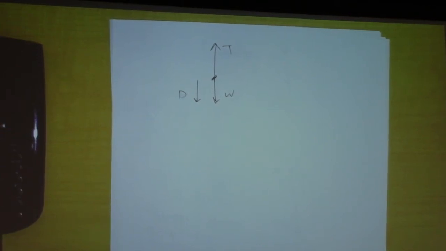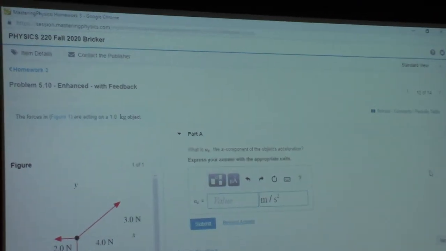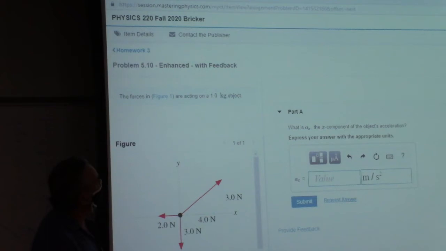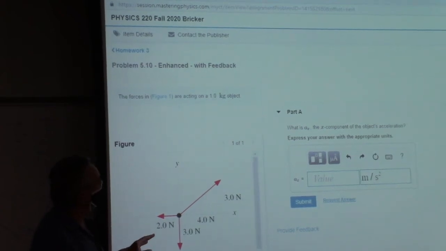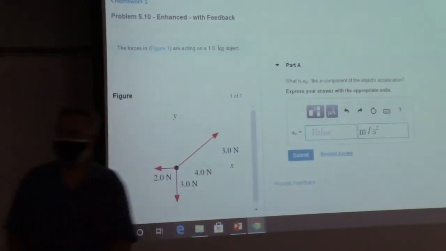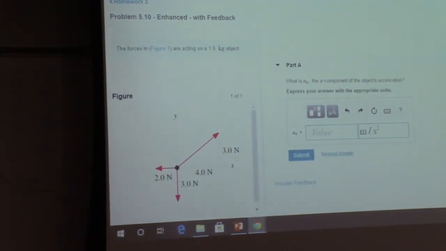Okay, so this is the one where we have a dynamics problem. Okay, so the forces are given in this picture, and we want to know what is the acceleration in the x direction, and there might be another part down here. No, okay.